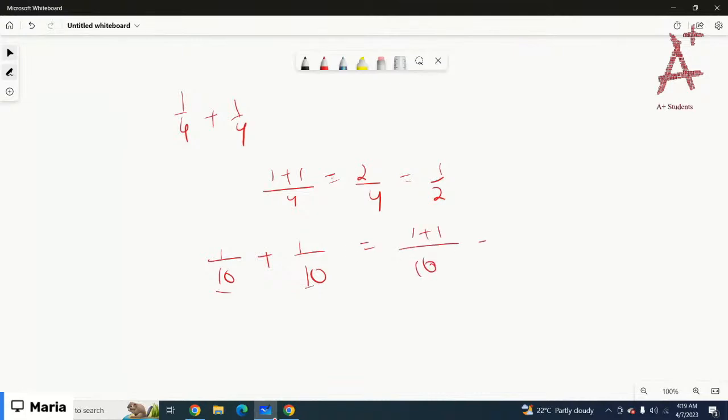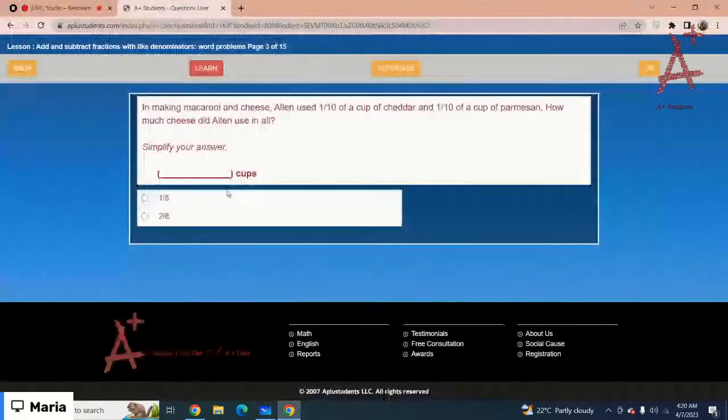Simply add their numerators. It would be 2 over 10. Now you have a common number that can divide both numerator and denominator. That would be 2. So it would be 1 over 5. Got it? So the correct option is 1 over 5.